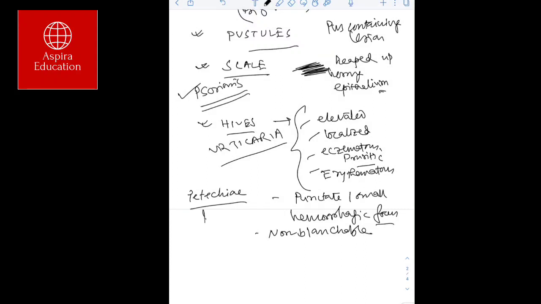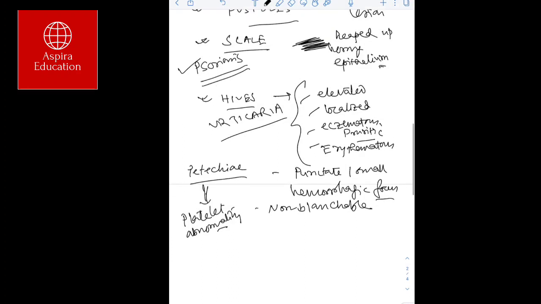Where can we find this? If a petechial lesion is present, there's a chance that there is platelet abnormality. Various platelet abnormalities can be thrombocythemia, maybe thrombocytopenia, or platelet adhesion defect. So various genetic causes, or in purpura, we can find petechial lesion.